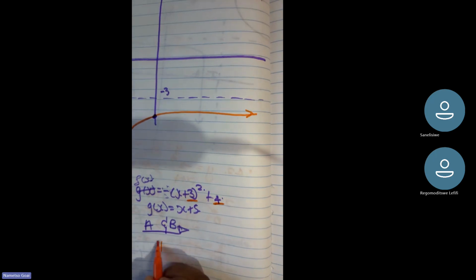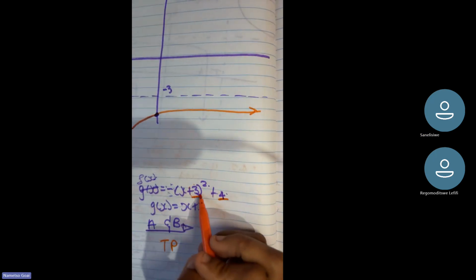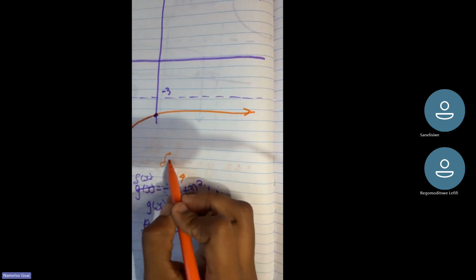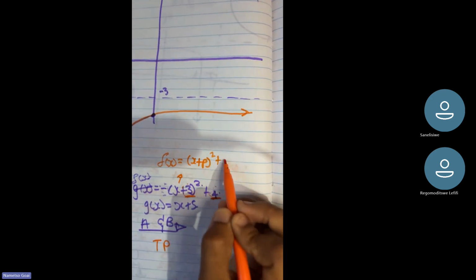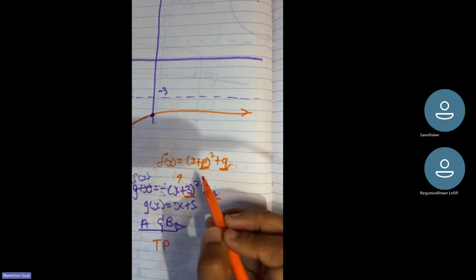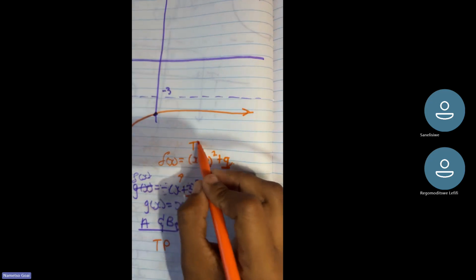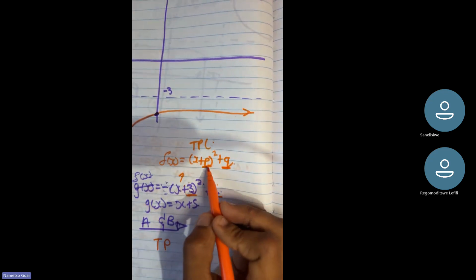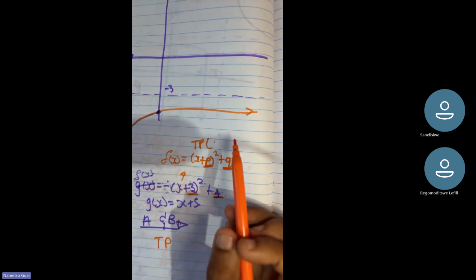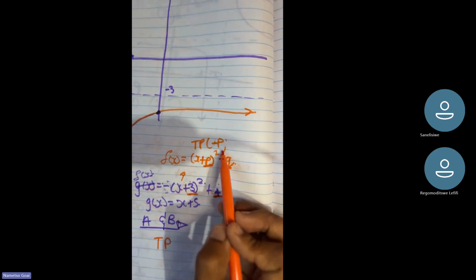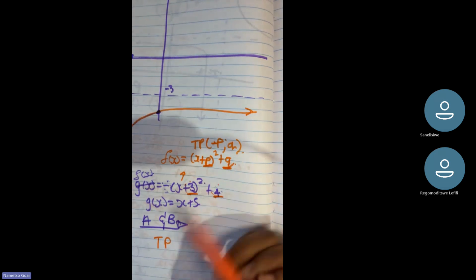But you need to be very careful with choosing the turning point, right? When you have to find the coordinates of the turning point, this p, once it's in the bracket, it's plus p. Once you put it as a separate coordinate, you have to say negative p, and the q will remain like this.